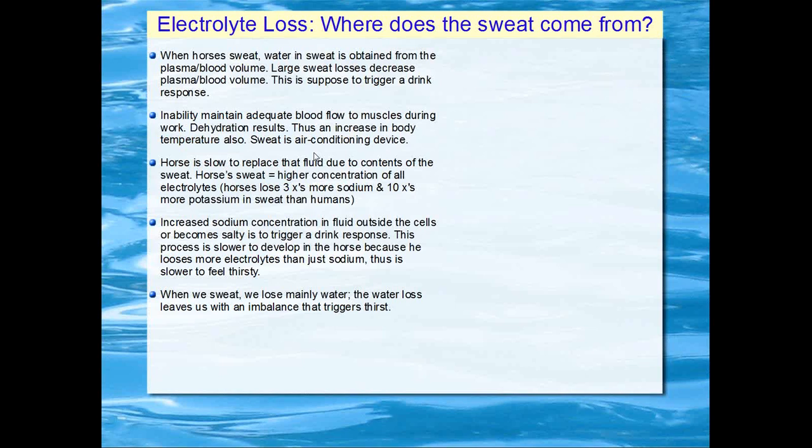When we sweat, we lose mostly water. The water loss is what leaves us with an imbalance and triggers our drink response. In our horses, we need to also consider that they will lose fluids in urine and in their manure. When we're considering what type of electrolytes we need to bring with us, or if we need to electrolyte daily, we have to consider climate conditions.